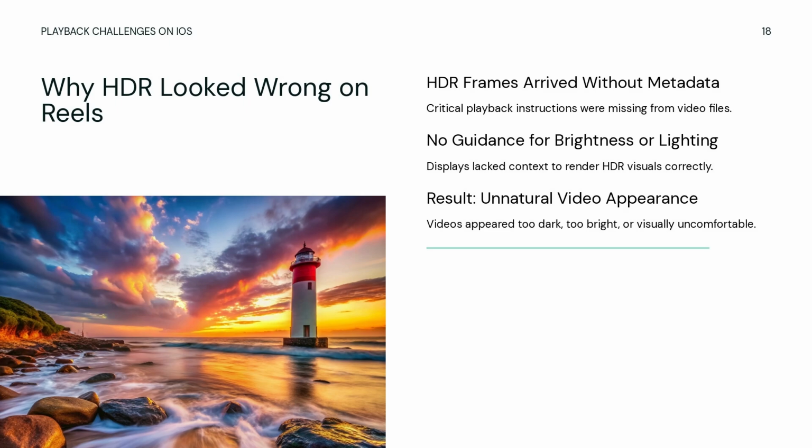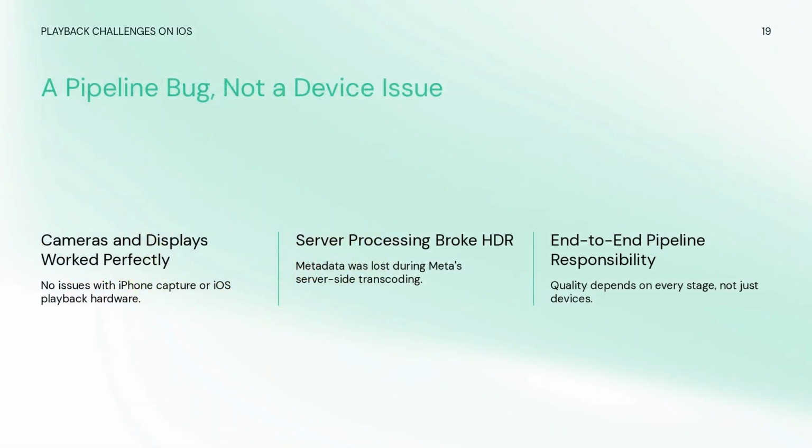HDR frames were arriving without brightness instructions or environmental context. Displays had no guidance. That's why videos looked too dark, too bright, or visually uncomfortable. This was not a hardware problem. iPhone cameras worked correctly. iOS displays worked correctly. The failure happened entirely in server-side video processing.